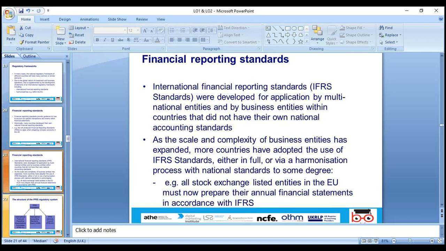It was developed for application by multinational entities and by business entities within countries that did not have their own national standard. They can use international standards as well.